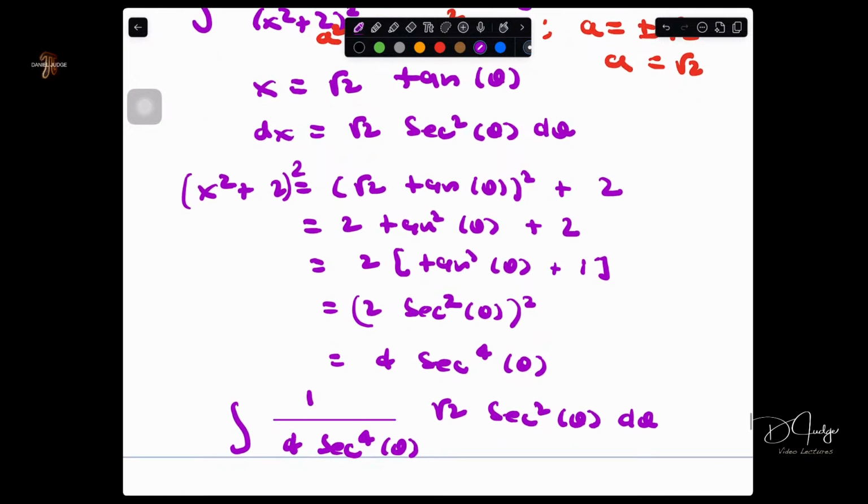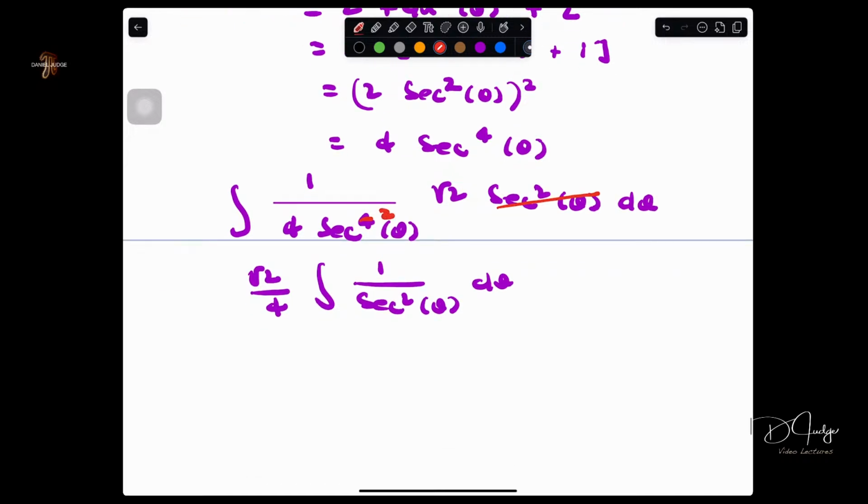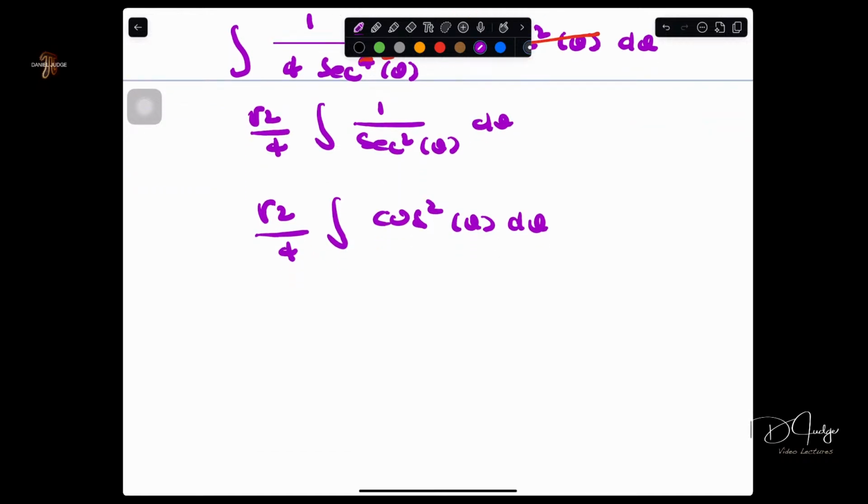All right. So I get the square root of 2 over 4 integral of 1 over secant squared theta d theta, because the secants cancel down to power 2. This becomes the square root of 2 over 4 integral of cosine squared theta d theta.